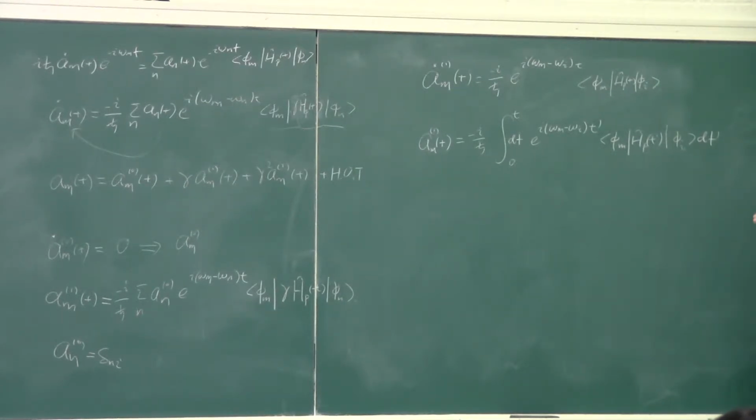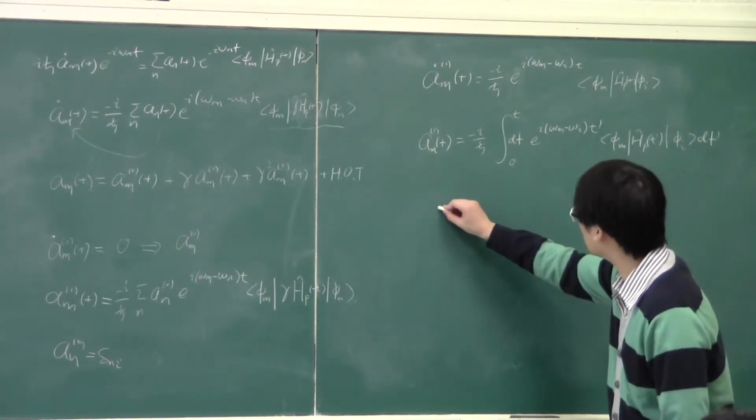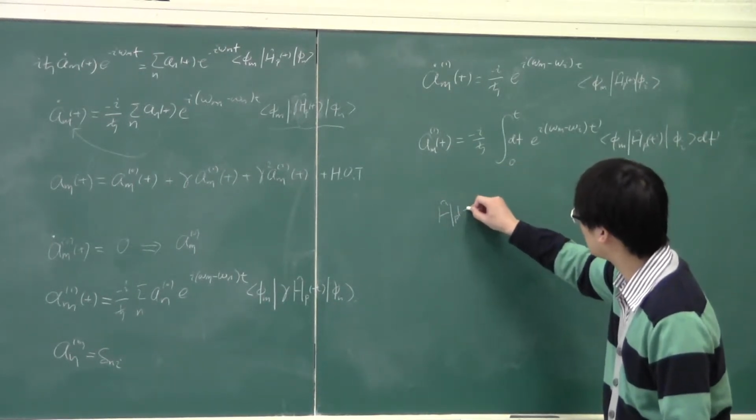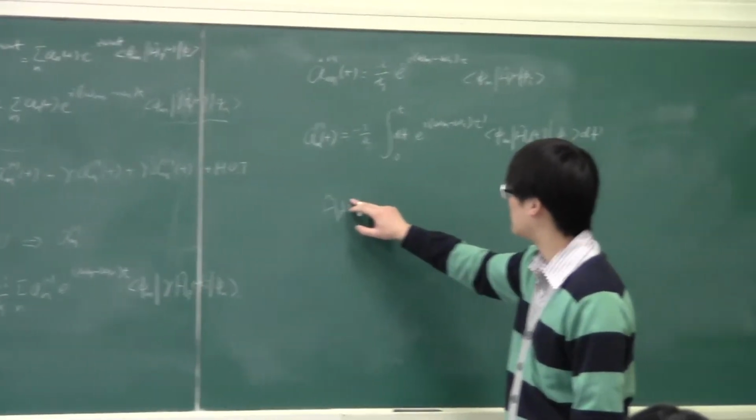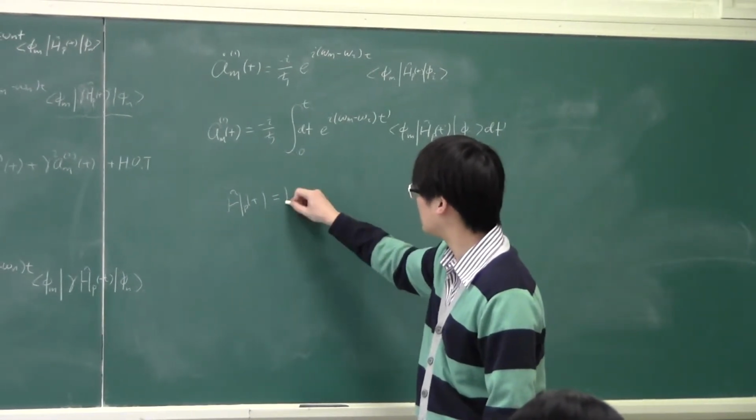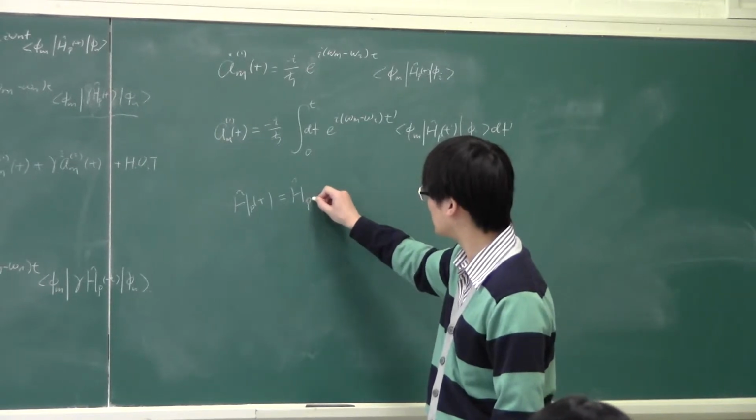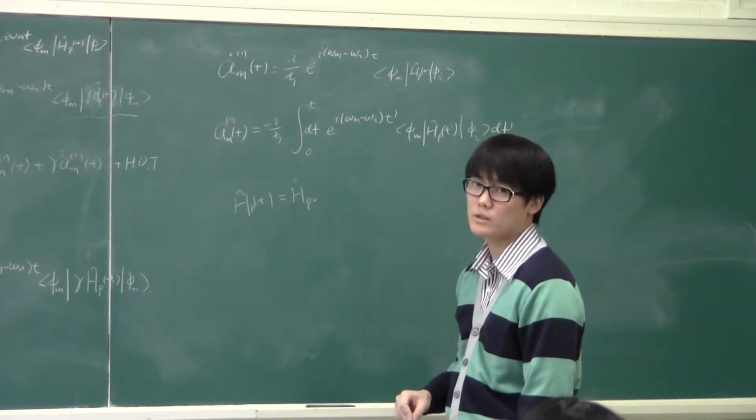We can go ahead and evaluate this for some special cases, but let's consider a general case. Okay. What is happening here? Okay, so suppose that the perturbing Hamiltonian is such that it's equal to some initial perturbation times a function of time.